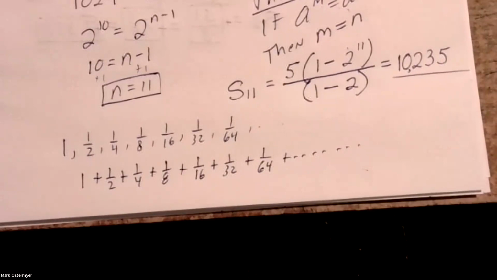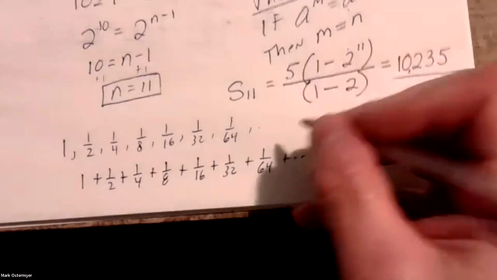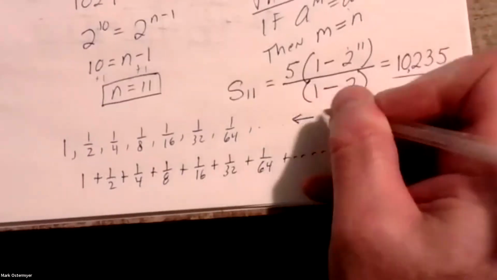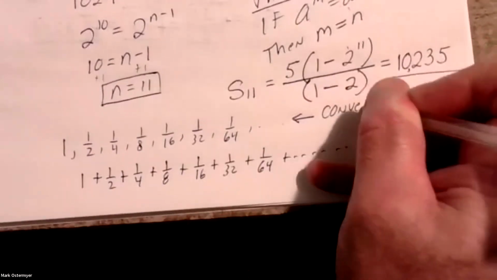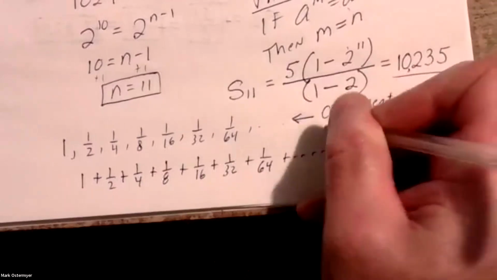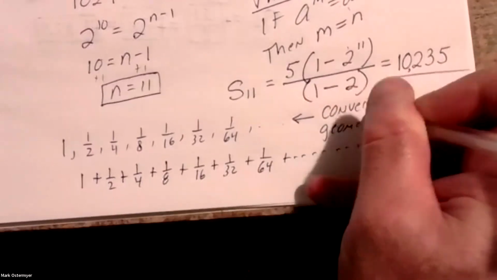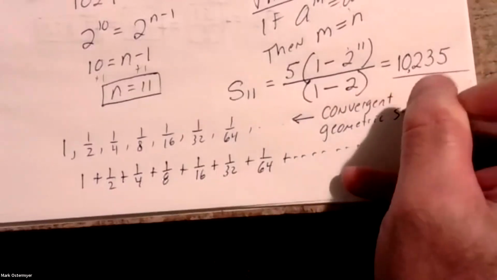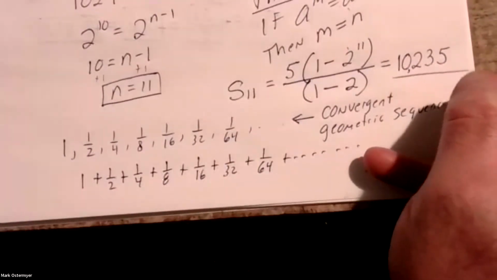Because this infinite geometric sequence happens to be what is called a convergent geometric sequence. This is an example of a convergent geometric sequence. What does it mean to be convergent?